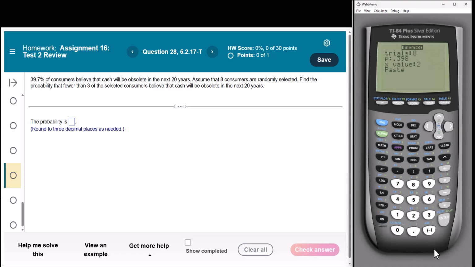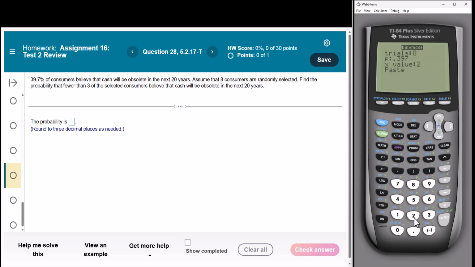And now I'm going to overtype this also. Instead of 0.398, I'm going to type 0.397 because 39.7% of consumers believe, etc. And then enter. And I already have 2 here. Remember, this problem says fewer than 3, which means either 0, 1, or 2.